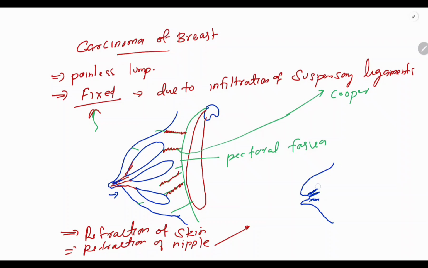The elasticity is lost, it pulls the nipple backwards and the nipple is retracted, right? Because of all these characteristic features, the skin of the breast appears like that of orange peel.